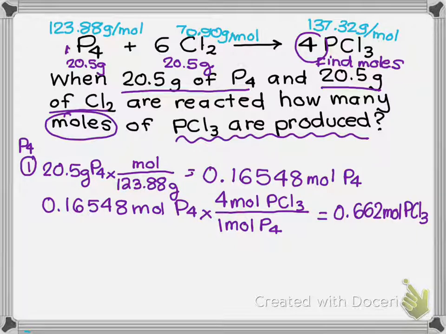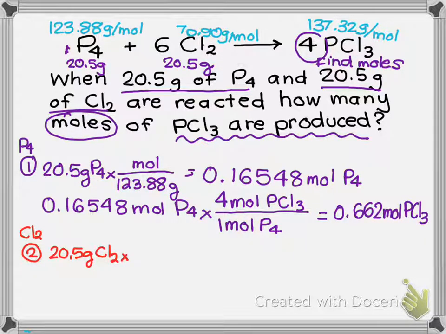Okay, so that's P4, and I'm going to change colors because it will all kind of start to blend together. So then I'm also going to compare to what if I start with Cl2, because remember, these are limiting reactant problems, and how I know that is they've given me both amounts. So they gave me 20.5 grams of Cl2.